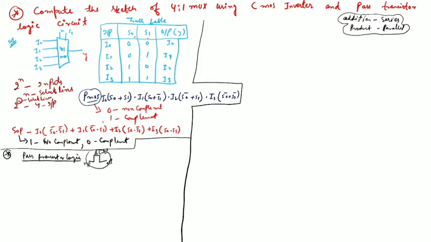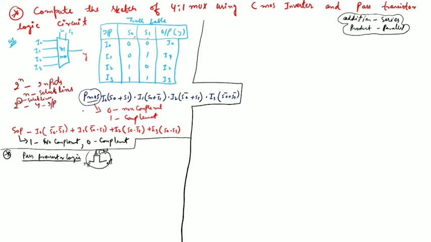pass transistor logic. Here two types of MOSFETs are used in the CMOS inverter. One is the PMOS MOSFET, and the other one is the NMOS MOSFET.